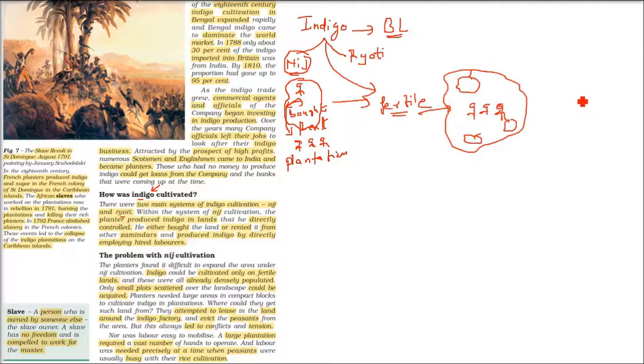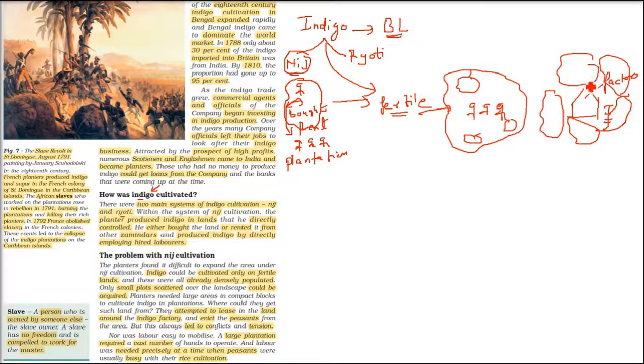Now there is one more thing: most of the plantation was done, and was supposed to be done, near the factory, because indigo is harvested and just sent to the factory nearby. So most planters wanted the land nearby the factory, just for the ease of making this indigo.